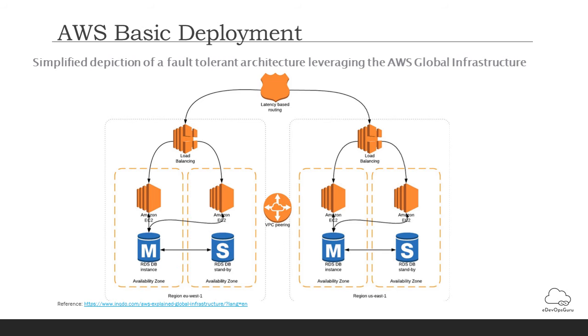In each region we have configured EC2 instances in such a way that we have one EC2 instance running in each availability zone. EU West 1 has two availability zones, and US East 1 also has two availability zones.